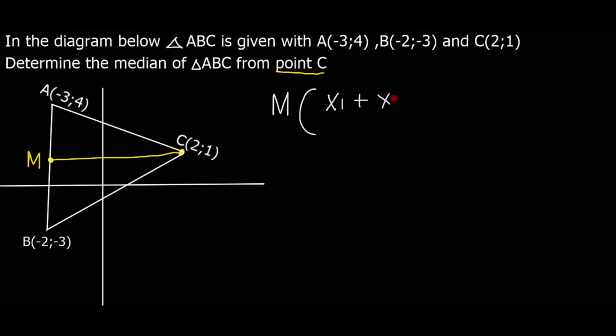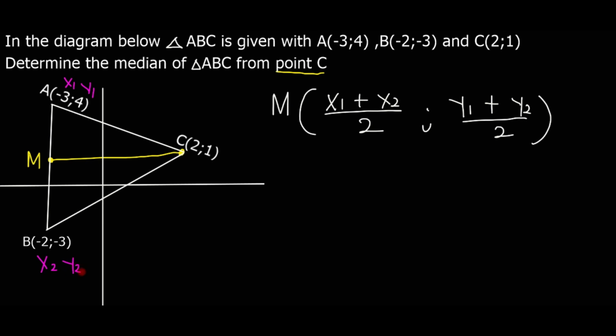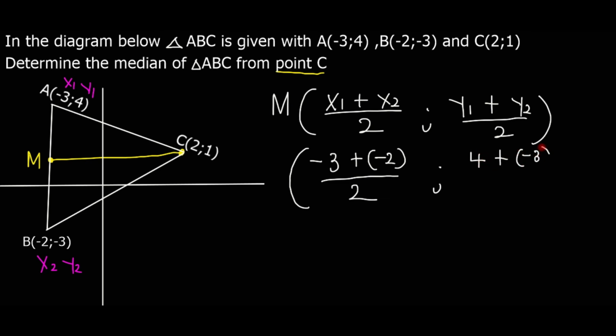x1 plus x2 divide by 2, and y1 plus y2 divide by 2. And then let's say this is x1, y1, and then x2, and then y2. So from there, let's substitute. So x1 is minus 3, and then x2 is minus 2, and then y1 is 4, and then y2 is minus 3.